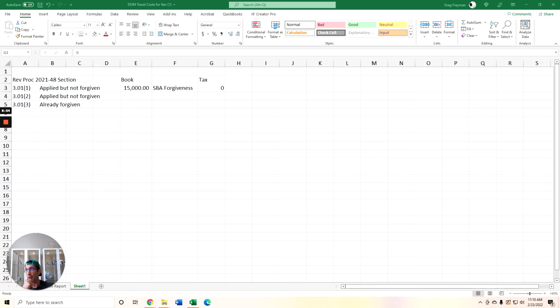M-1 is on your 1120-S, which most people are working with. If you're working on a partnership, there'll be a similar form, and it's basically a reconciliation of books to return.